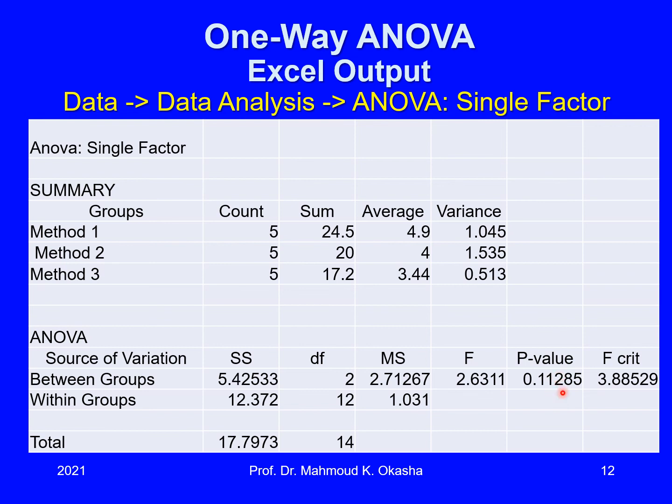So as long as it's big, the result is that we cannot reject the null hypothesis. We reject it only if the p-value is very small, as usual, but this is not a very small p-value, so we cannot reject the null hypothesis at this level. So we can say that the three population means may be equal, right?